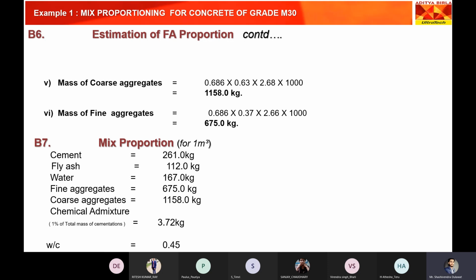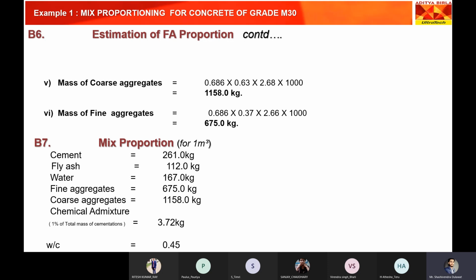Then another thing is mix proportions. We will calculate for 1 meter cube. The cement quantity is 261 kg, the fly ash we already calculated is 112 kg, the water quantity we already calculated is 167 kg, the fine aggregate we already calculated is 675 kg, and the coarse aggregate we already calculated is 1158 kg.